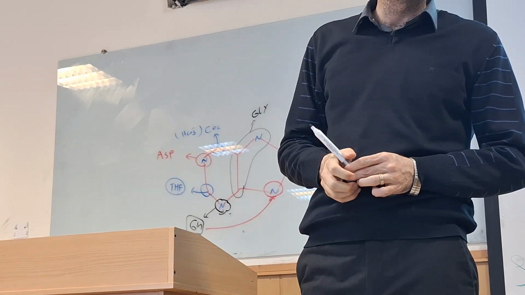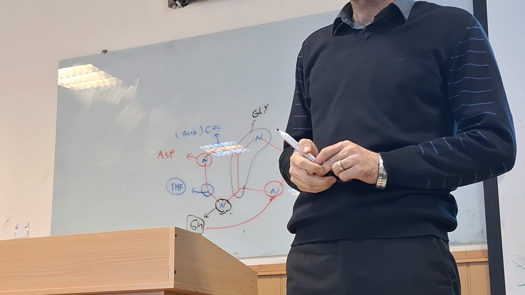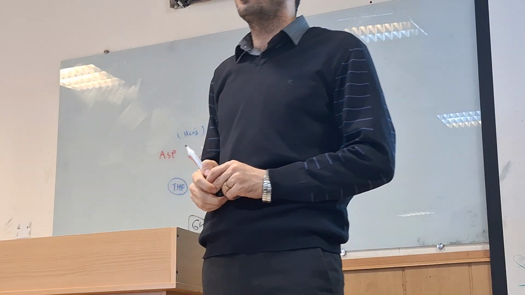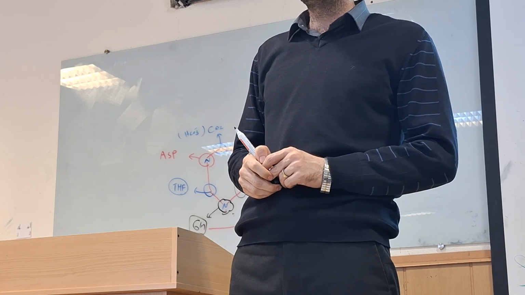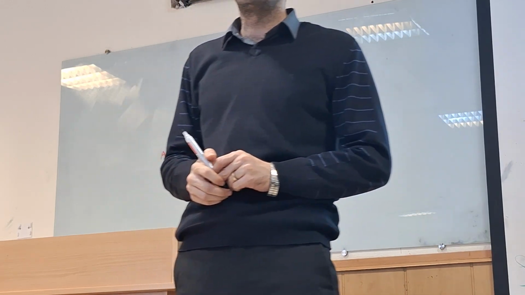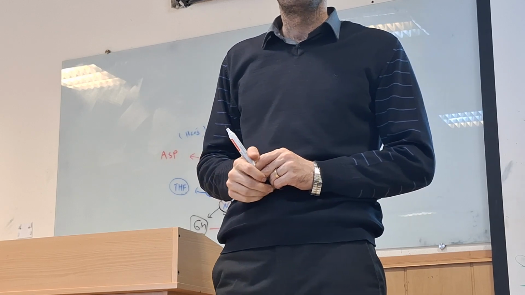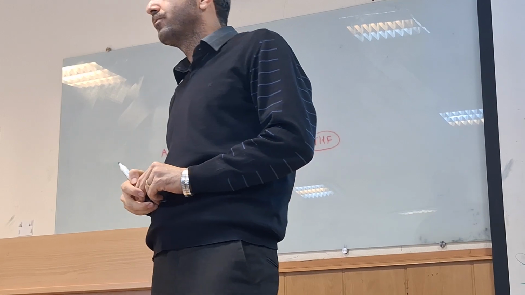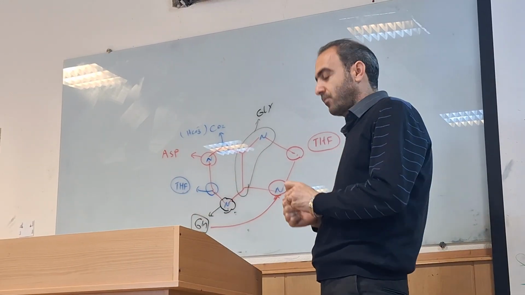All of the following we need for synthesis of the purine: glycine, PRPP, folic acid, carbamoyl phosphate. Which one? Folic acid is used.